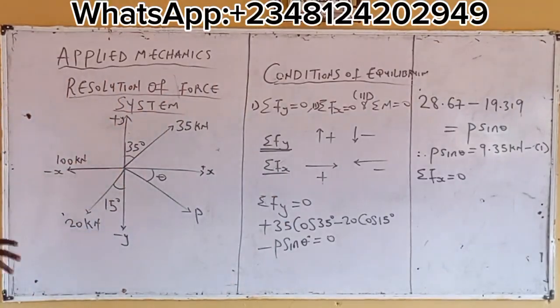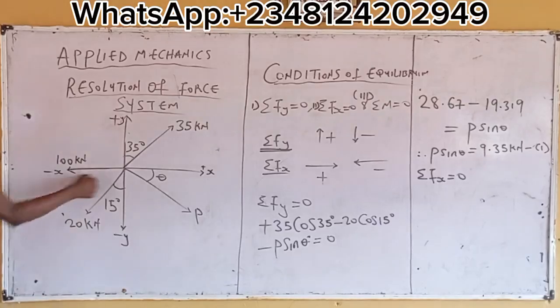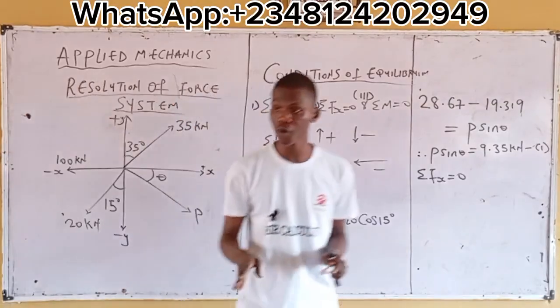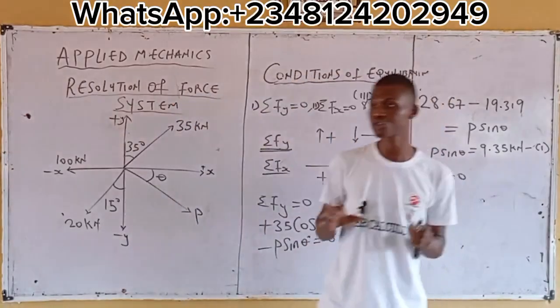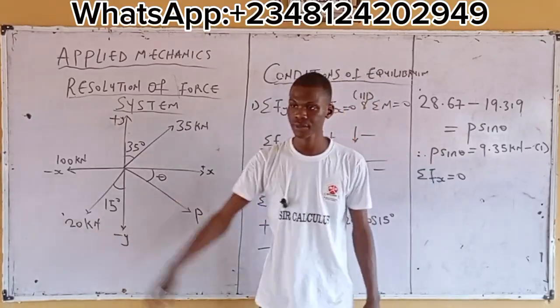You are making use of your inclined forces, right? How many inclined forces do you have here? Three. You have three inclined forces and this horizontal force. So you are considering all the inclined forces and this horizontal force. Nothing is changing, same idea. The way you solve for the y-axis, that's the way you are going to solve for the x-axis.